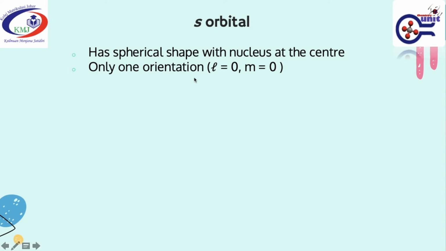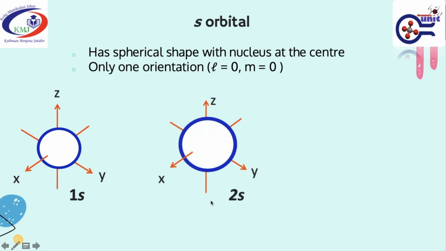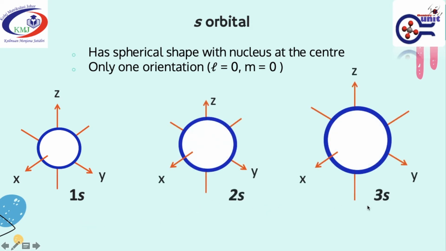Only one orientation in S orbital because S orbital is when L is equal to 0 and M is equal to 0. So one value of M only, so one orientation only. This is an example for 1s, 2s, 3s.